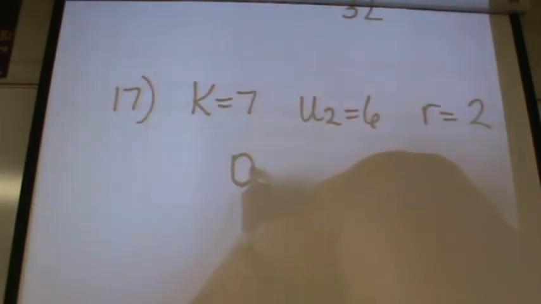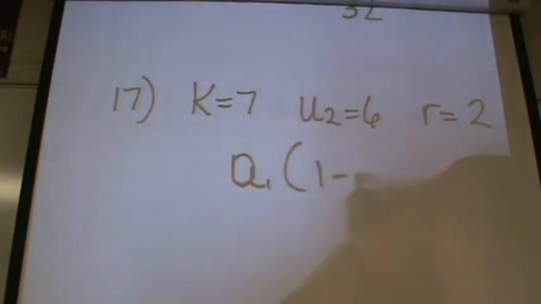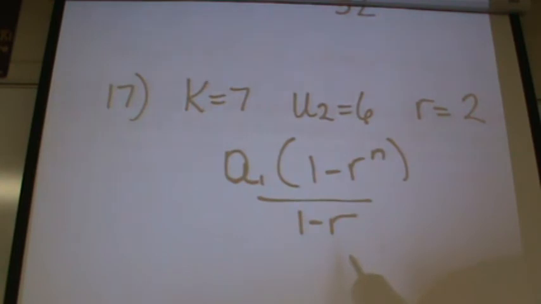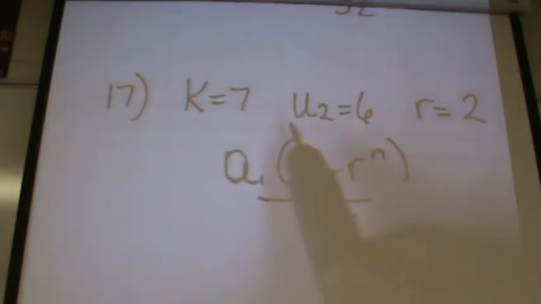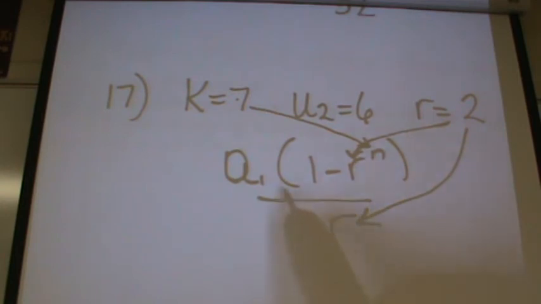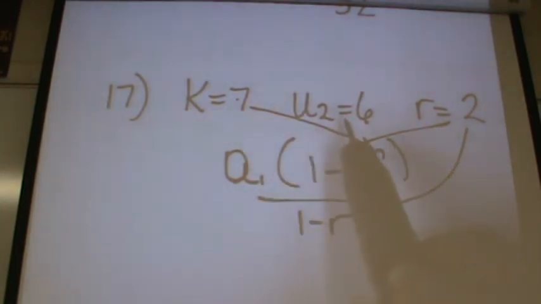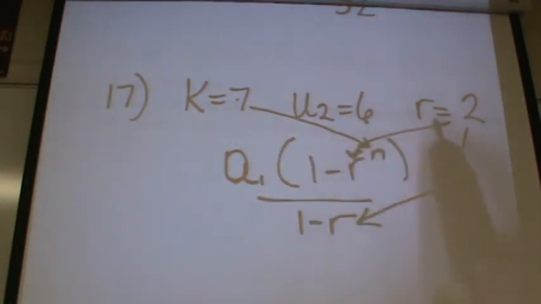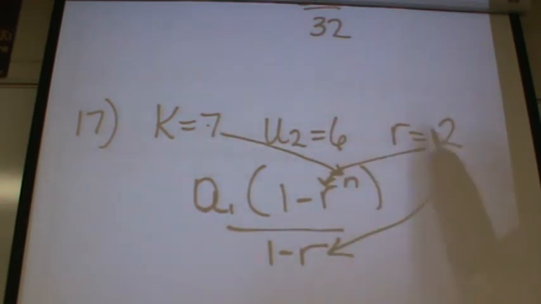We have this formula: a sub 1, 1 minus r to the n power over 1 minus r. But I know what k is, or n, same thing, and I know 2 is my r, but I don't know what the first term is.